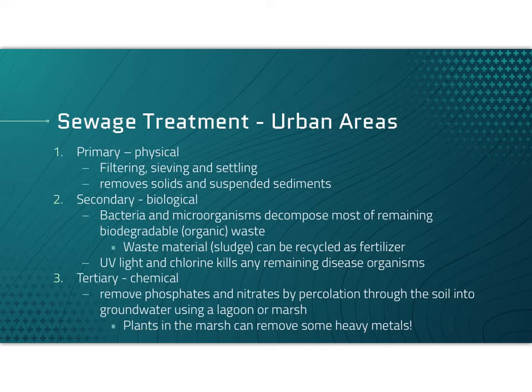In the secondary, we're removing biological organisms, so bacteria and microorganisms decompose most of the organic waste. Then this organic waste can be recycled as fertilizer, and we use UV light and chlorine to kill any remaining organisms.